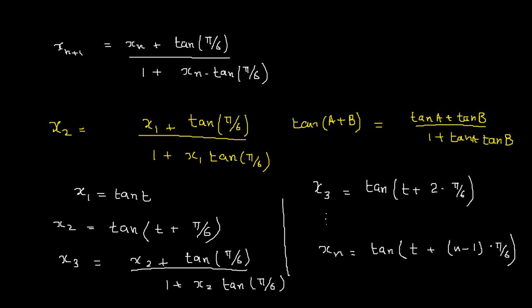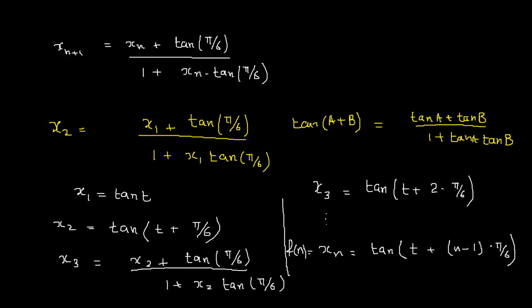Now we have to look at what actually needs to be added to n, because this is a function of n, f of n, to make that function repeat itself.